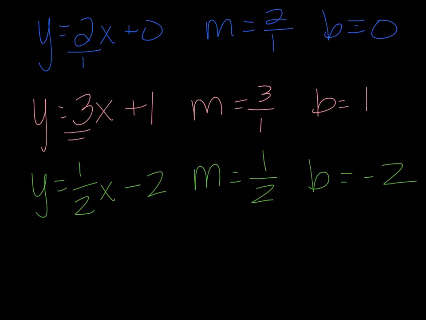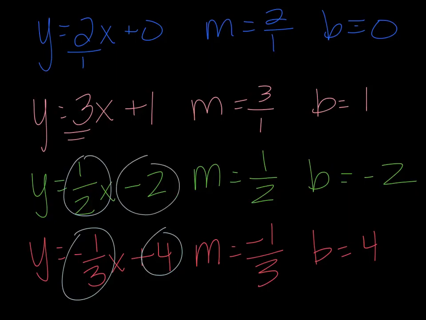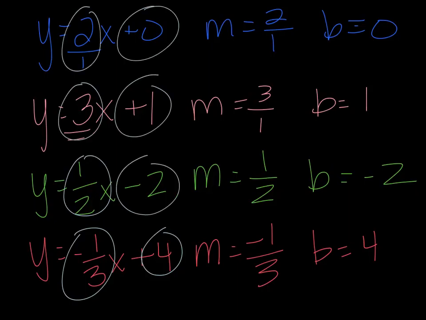If we had y equals negative 1/3 x plus 4, our slope would be negative 1/3, and our y-intercept would be 4. So we're just picking out the numbers from each problem to be able to start our graph.